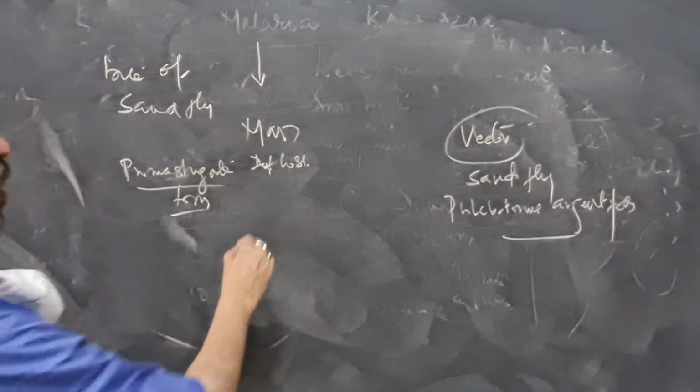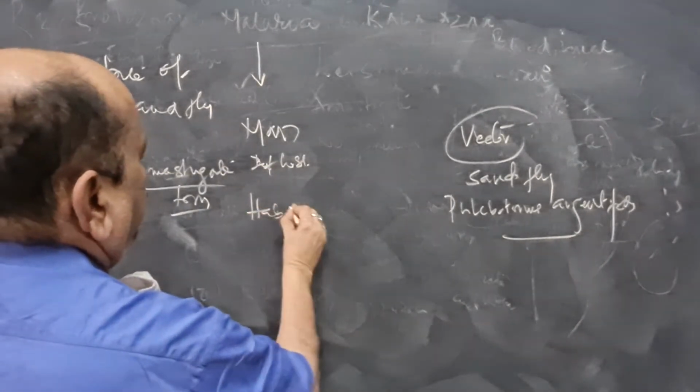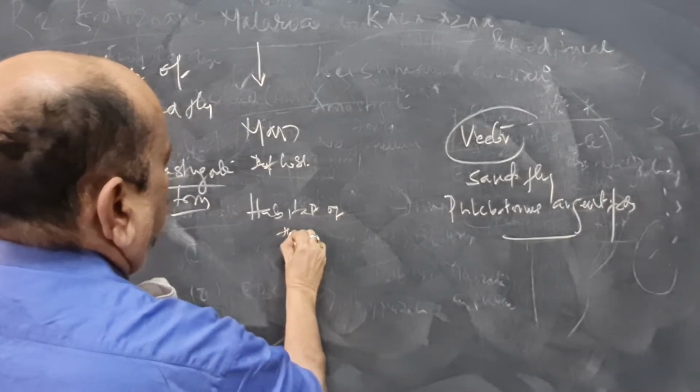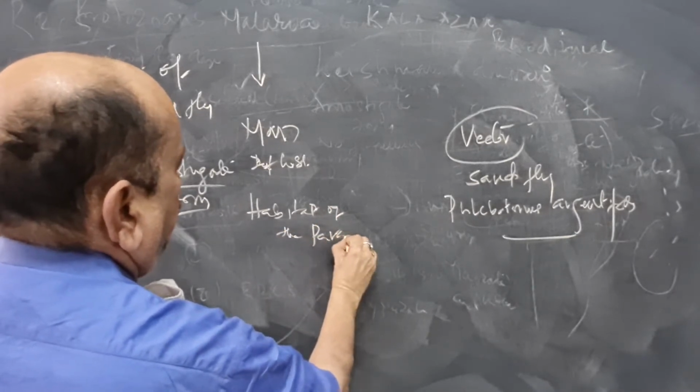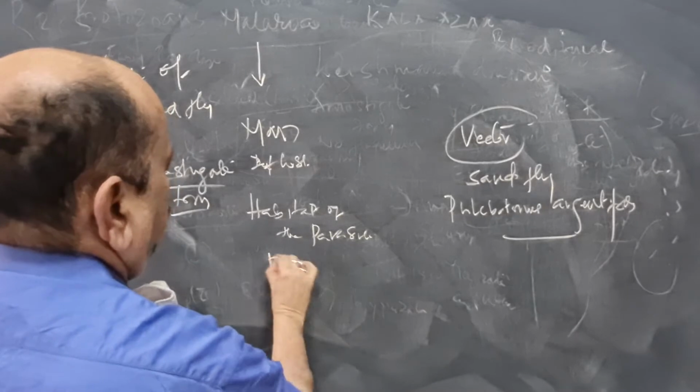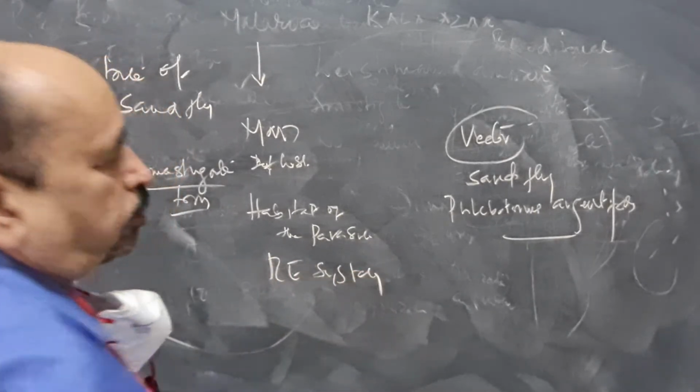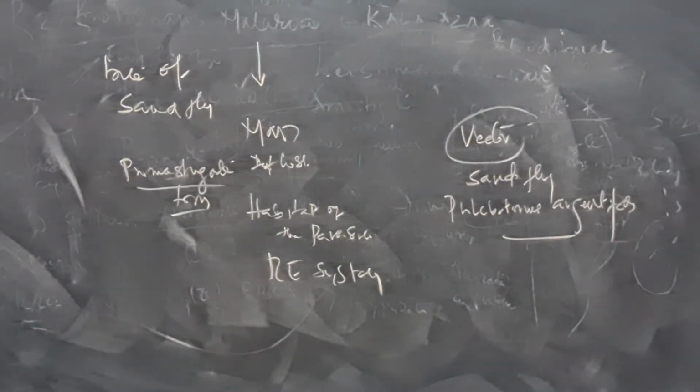The habitat of this parasite is the reticuloendothelial system.